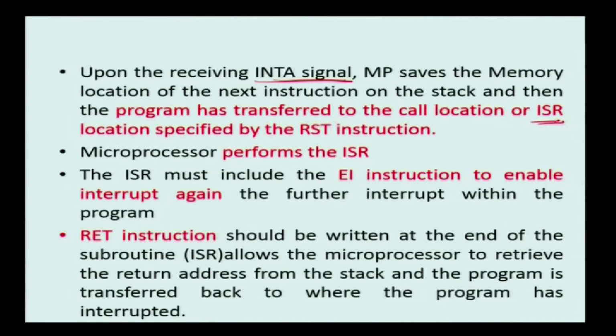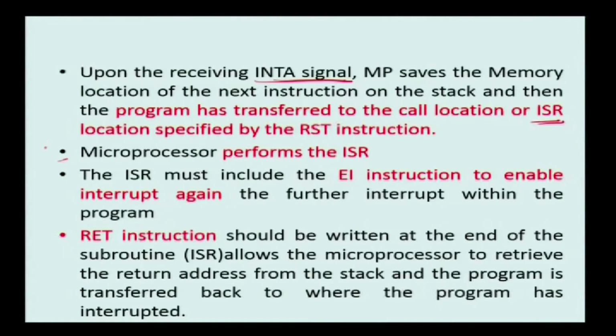The INTA signal enables the buffer, which generates the RST signal. After identifying the RST signal, it is multiplied by 8, and we get the ISR, interrupt service routine address. After identifying the address, the processor will switch over to it.